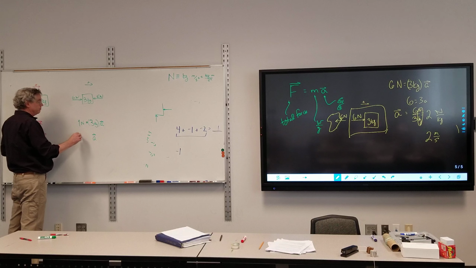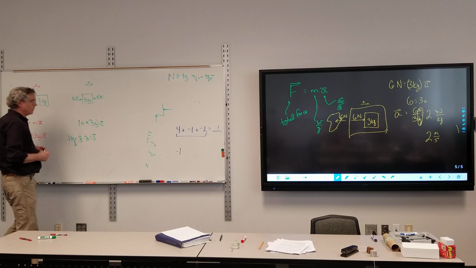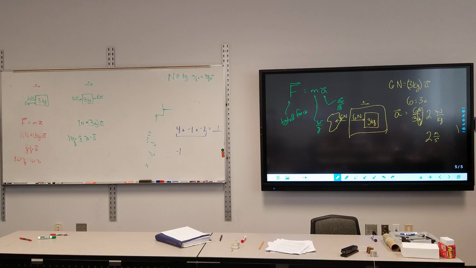So the acceleration is 1/3 or 0.33 repeating newtons per kilogram or meters per second squared. Questions here? I'm about to make it look more complicated.